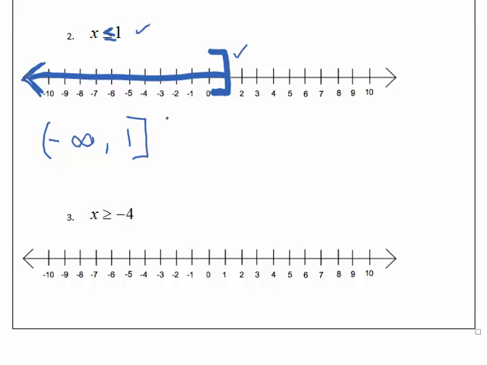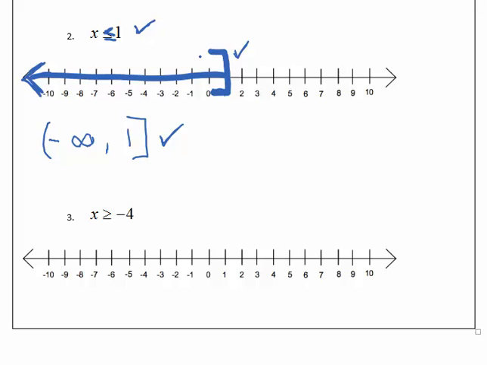And I have to include it. So using the bracket on my graph helps me because that's directly related to the bracket in interval notation. So these three things all mean the same thing. 1, 2, 3. All those are representations of the set negative infinity to 1, including 1. All values less than or equal to 1 is just another way to say that.